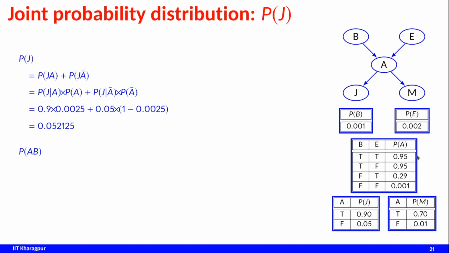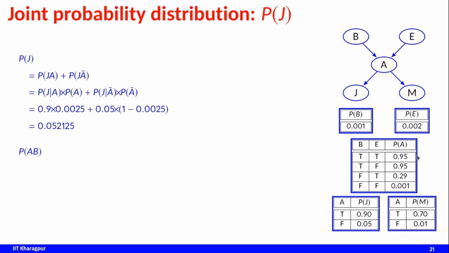Let's say I want to determine P of A and B. A is influenced by B, A is also influenced by E. B has no influencer. So in order to determine P of AB, we have to bring in E terms as well.